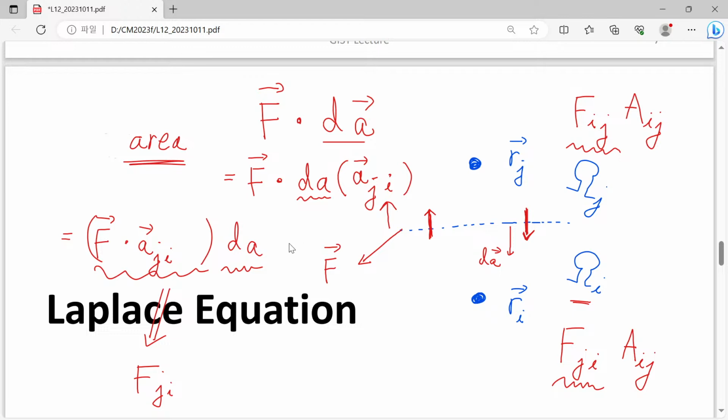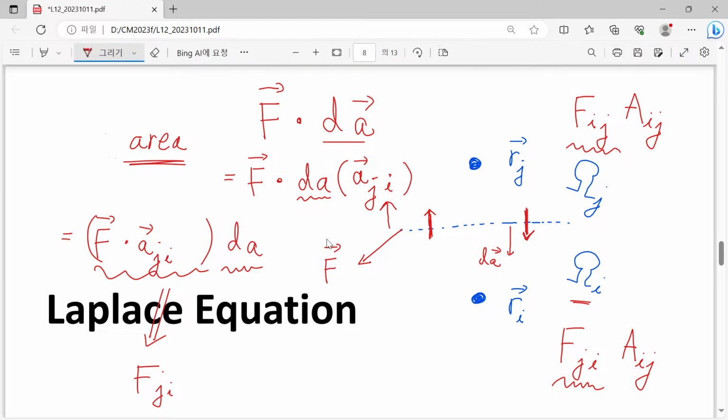direction component. So now in this quantity, this area, whether i is the starting point or j is the starting point doesn't matter. That's the reason why, although here we have a sub ij and here we have a sub ji, they are equal to each other.